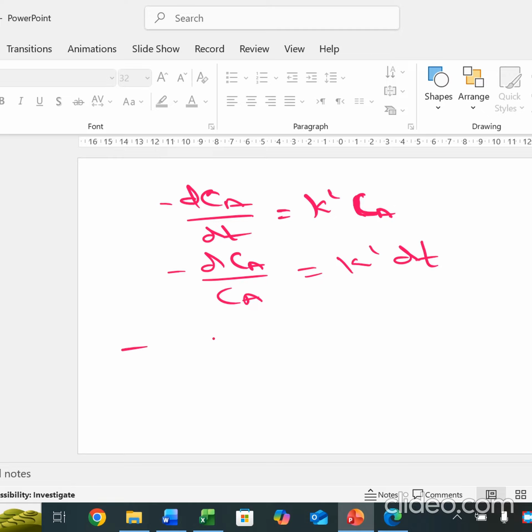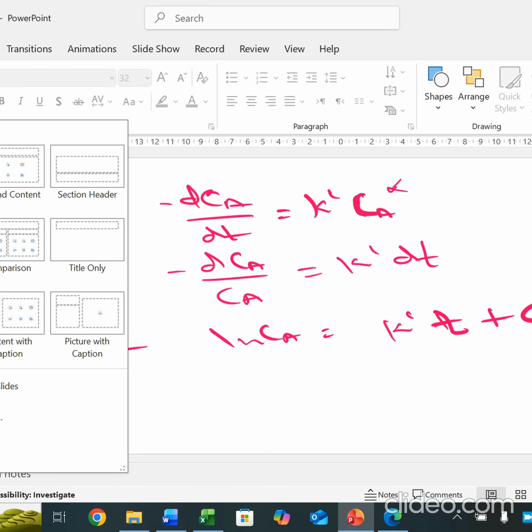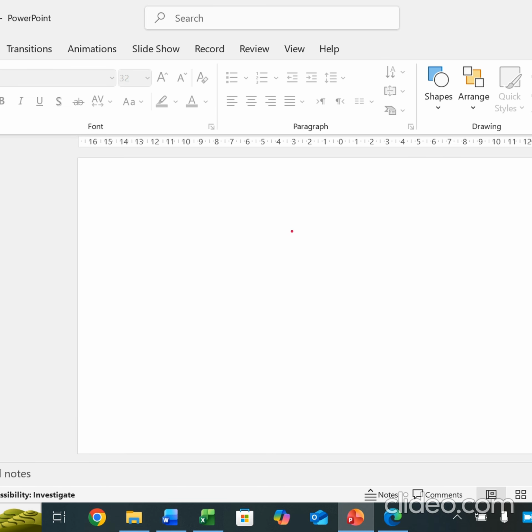So this will give us minus ln CA is equal to K prime T plus C, and we can easily evaluate this. But because we have alpha here, which we don't know the value of, we have to be careful in separating, as we did, that is minus dCA/dt equals K prime CA^alpha.